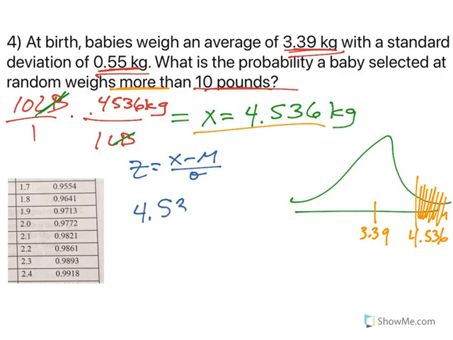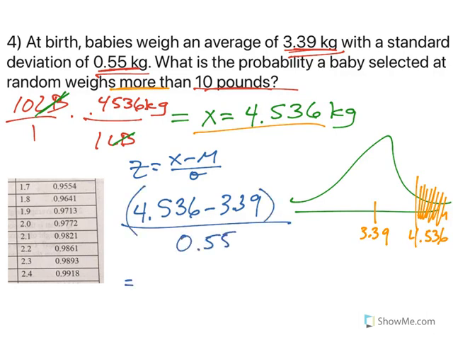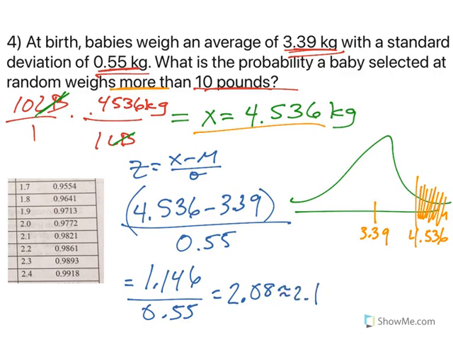So 4.536 minus 3.39 all over 0.55. You do the numerator first, which gives you 1.146. Then we divide by 0.55, which gives us 2.08. Looking at our table, that is close to 2.1. So our 4.536 has a z-score of 2.1.